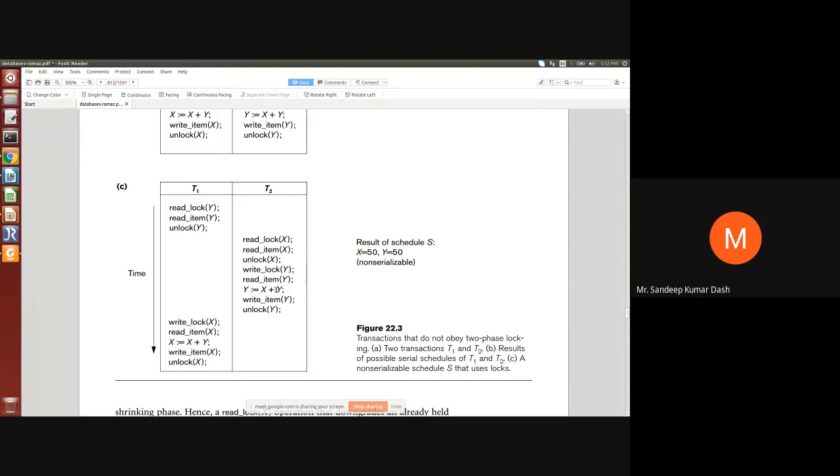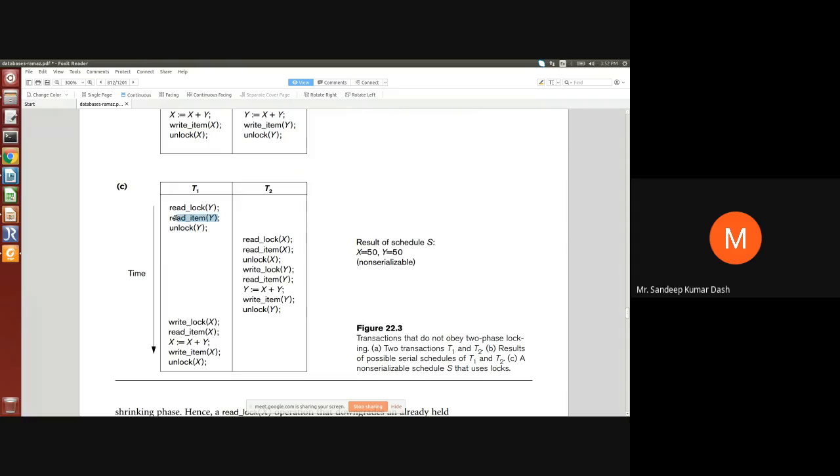So you allowed T2 to modify the value of Y before T1 could add it to X. The value that T1 is reading is from the database. It should have been added with X and the result stored in X. But here the Y value is the value which T2 is modifying. So even if you have a concurrency control technique, this happened because you unlocked Y much earlier.